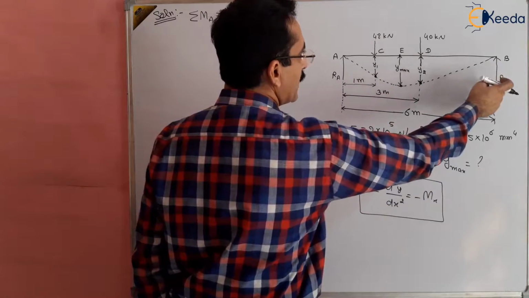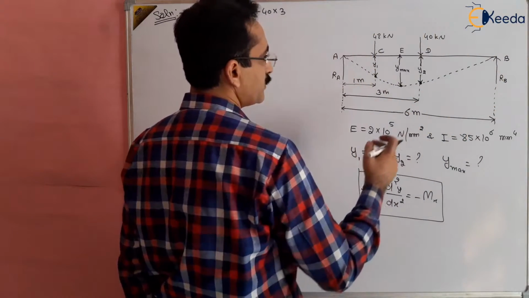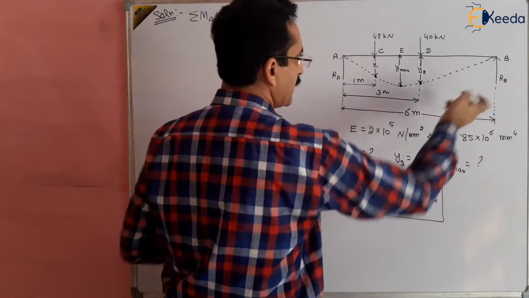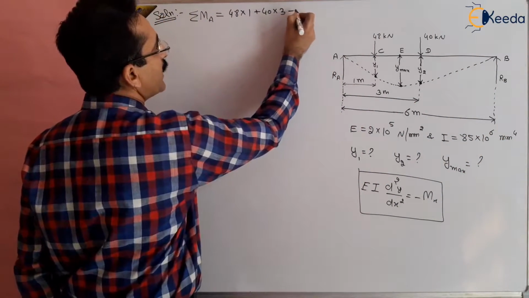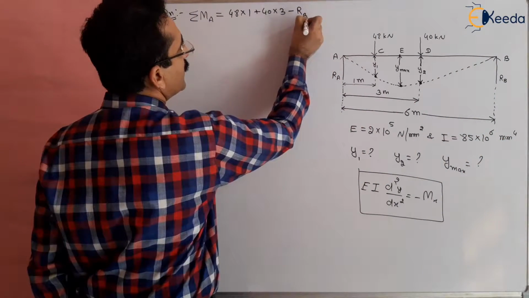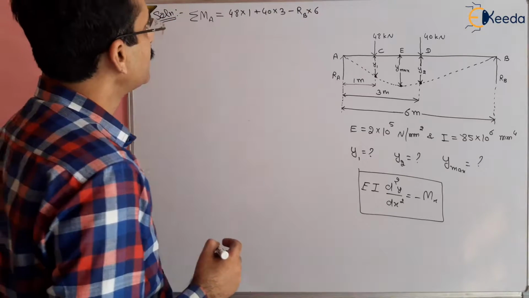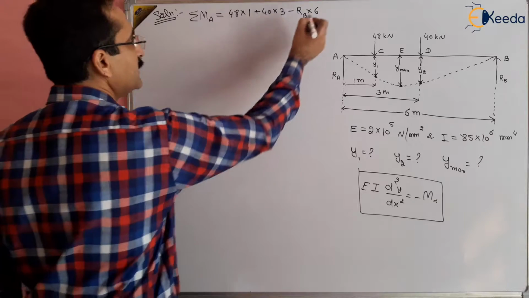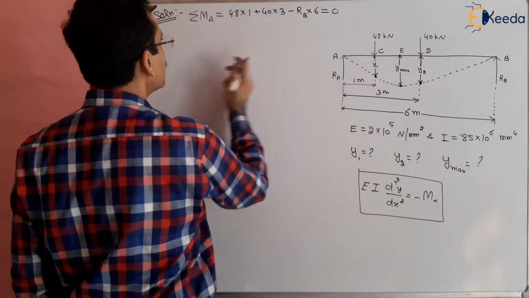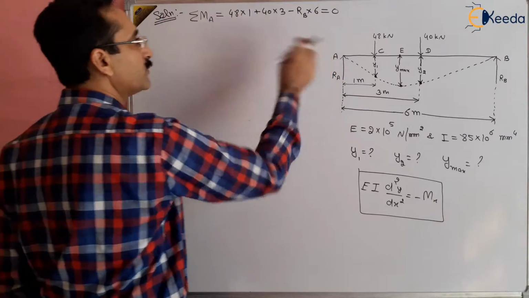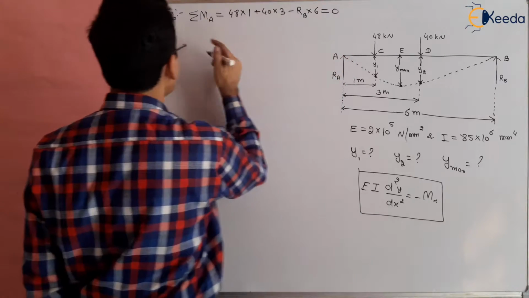And the moment of RB about A is RB multiplied by 6, and it is anti-clockwise, so this is minus RB multiplied by 6. Distances are taken in meters. These moments should sum to 0 because the moment about A should be equal to 0. So we can get RB from here.